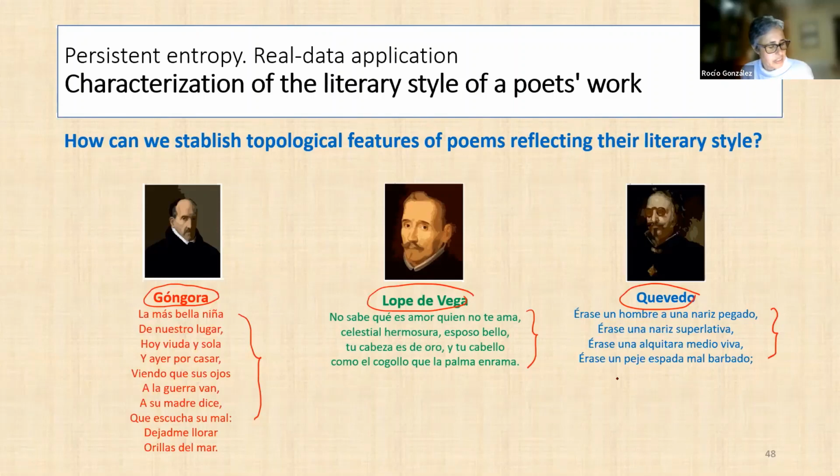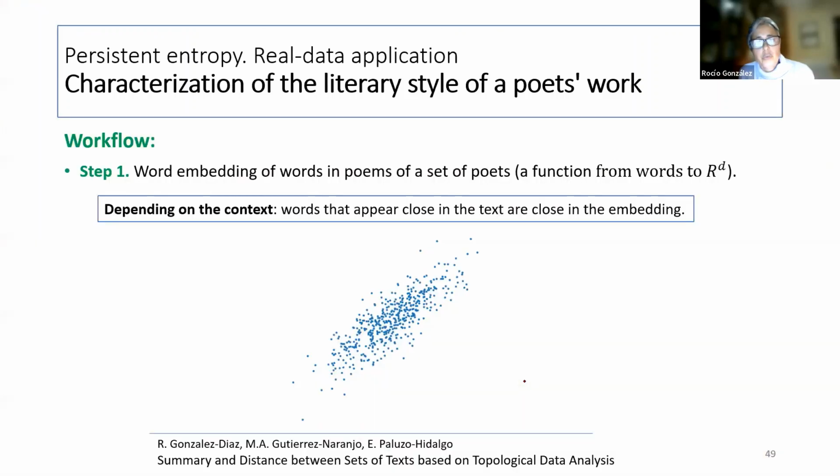How can we do this? First, the procedure we did is to embed the words in a high dimensional space using a word embedding, very well known in artificial intelligence.